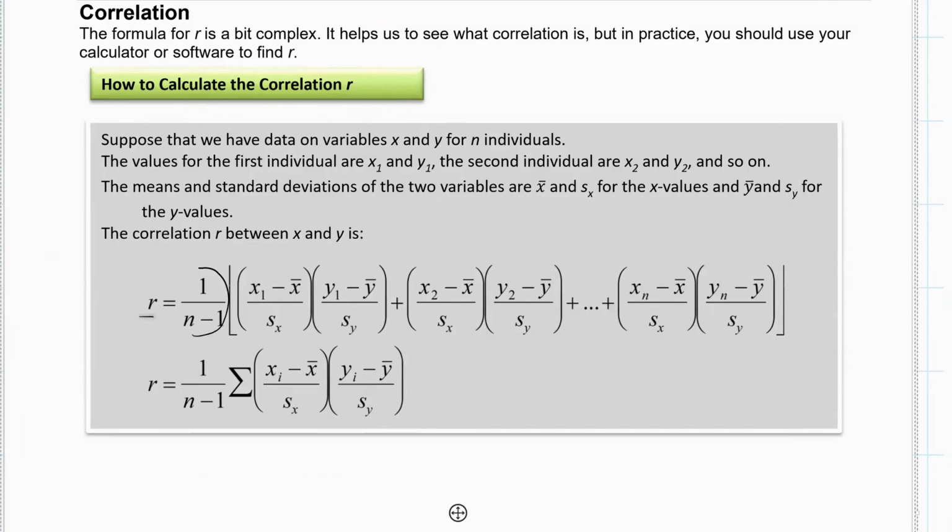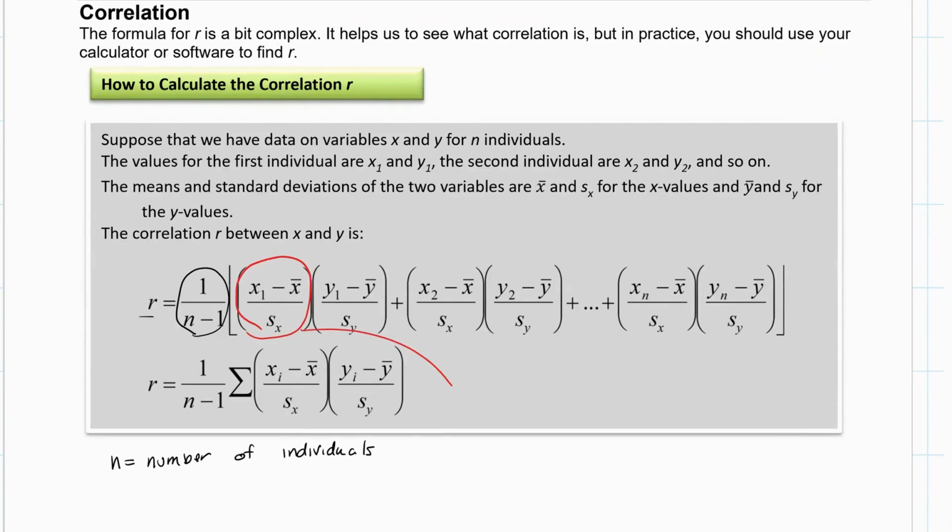We've got a division by n-1, and n is the number of individuals that we have in our data set. Okay, let's take a look at this part right there. It takes an X data value, subtracts the mean, and then divides that by the standard deviation.